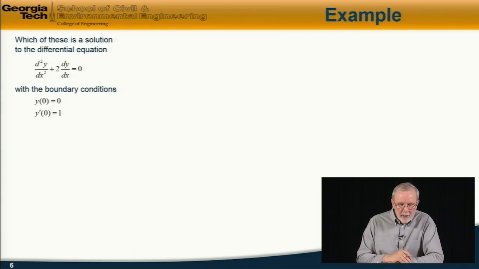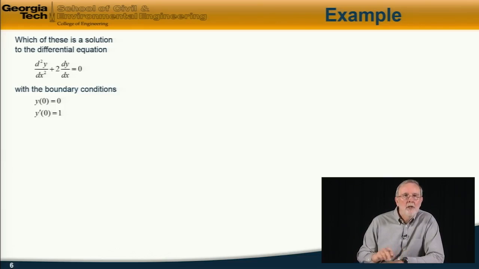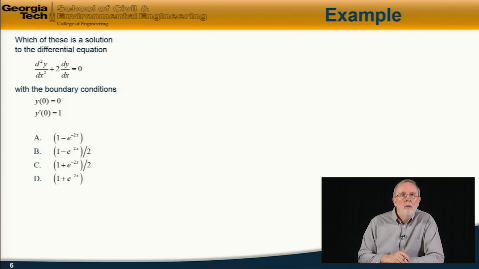So the example here: which of these is a solution to the differential equation d2y by dx squared plus 2 dy by dx equals 0, given the boundary conditions y of 0 equals 0 and y prime of 0, in other words dy by dx evaluated at 0, is 1? Which of these possible solutions is the correct one?